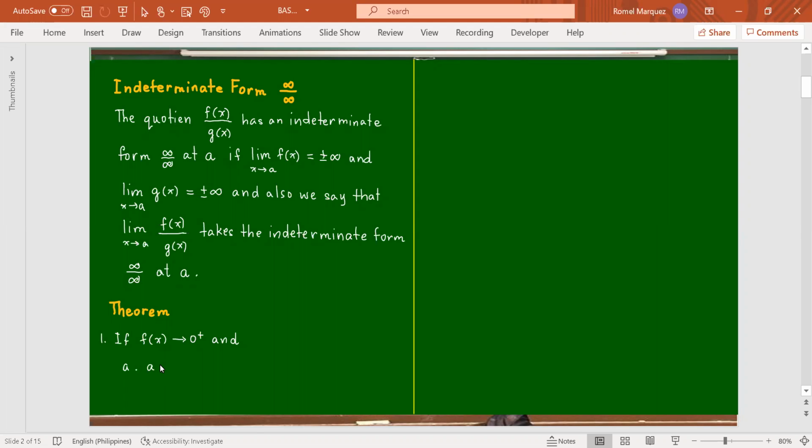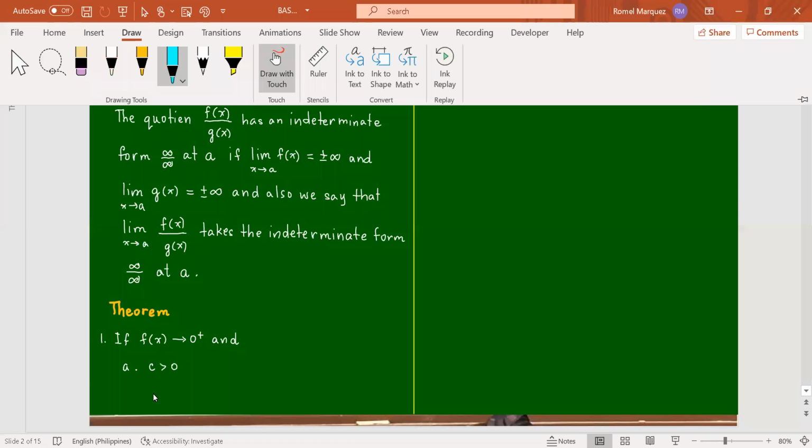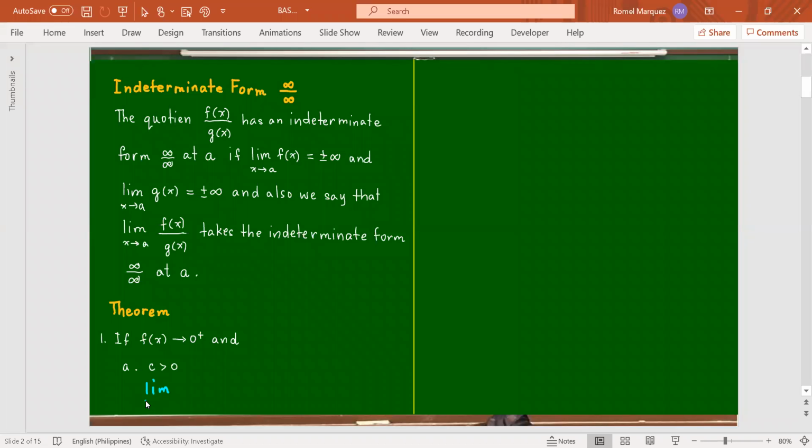Let's say C is positive, then this limit as x approaches A of C over f of x is equal to positive infinity.